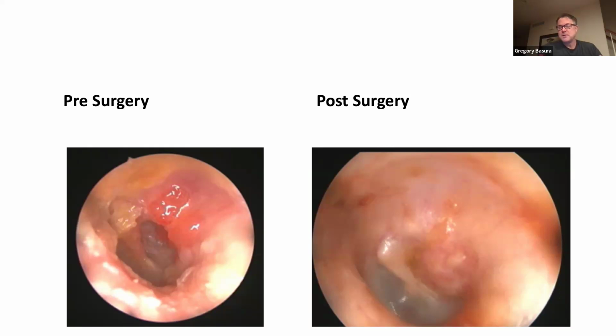And then as Peter mentioned, it's actually very interesting in kids. Certainly you can find gastric contents in the middle ear via the eustachian tube, but also I see a lot of patients here that have upper aerodigestive tract issues because of chronic laryngopharyngeal reflux.